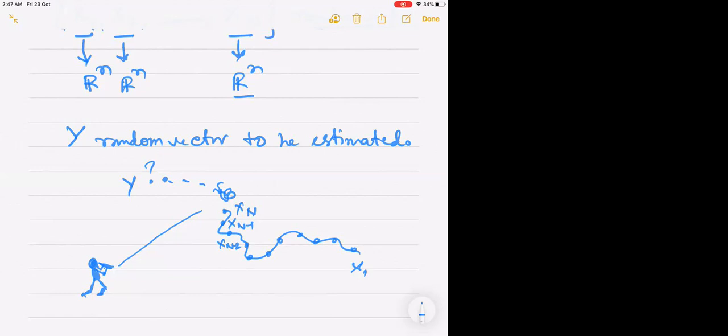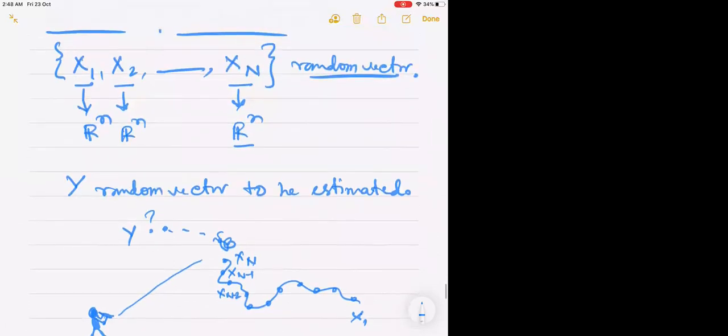This is just one example. You'll find this problem in various different forms in various situations, but all of them come under the purview of that same general idea, that we would like to estimate a random vector in terms of observations of n random vectors. What is to be done here?